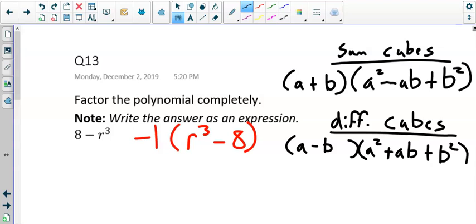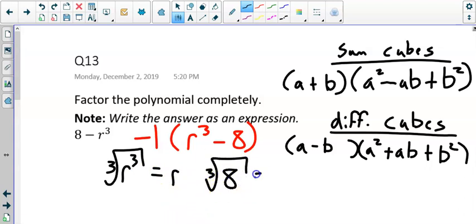That's how you figure out your A and B. Take the cube root of each one of these pieces. Take the cube root of r cubed. What is the cube root of r cubed? R. Take the cube root of 8. 2. Now you know A and B.